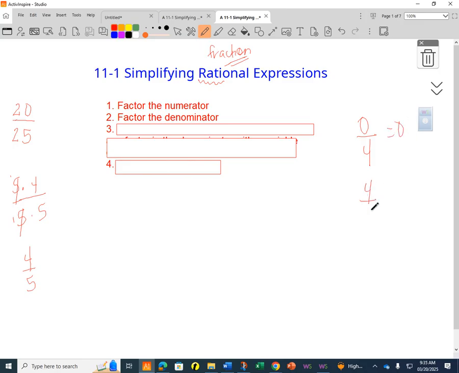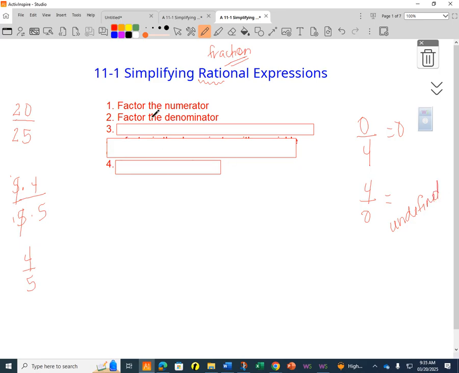What about 4 divided by 0? Using your calculator, what do you get? Not 0, you get an error. So this is undefined, they call that an undefined answer. There is not a rational value set. My board is not working well. Undefined. We do not work with undefined answers.